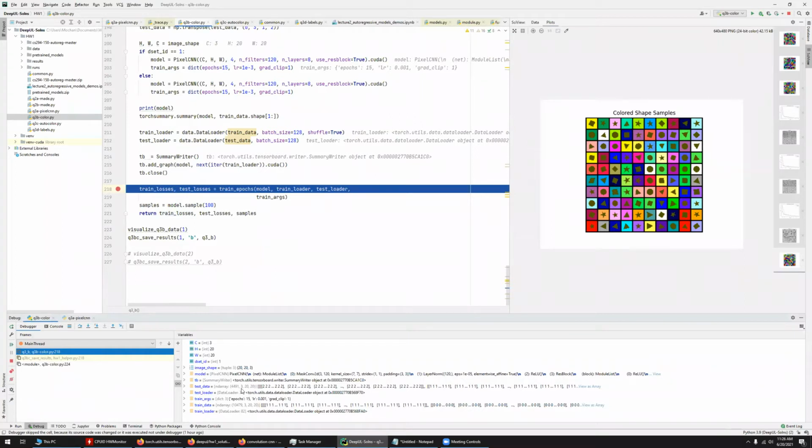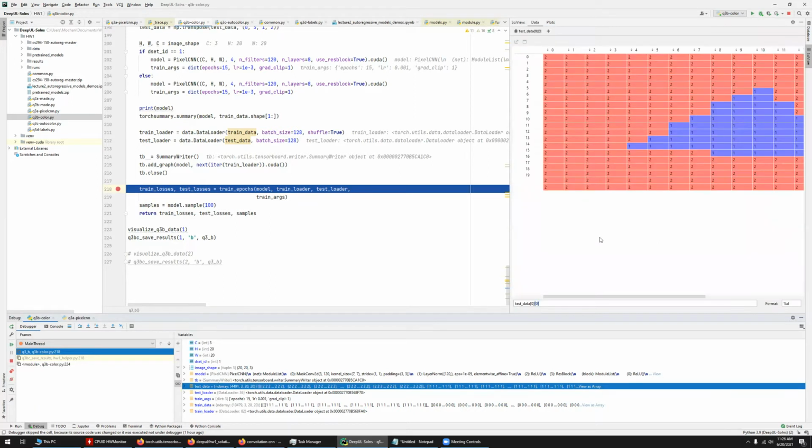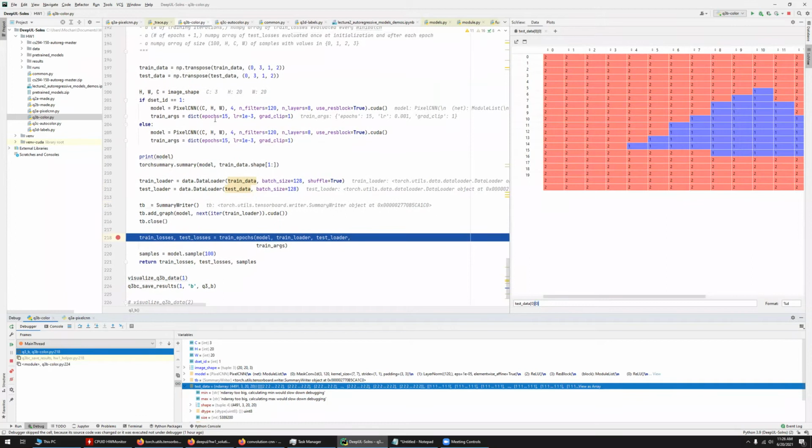It's now 3 by 20 by 20. Before it used to be 1 by 20 by 20, but now we have RGB. And the data is actually just only 4 levels. It should say here how many levels. 4 levels, so 0, 1, 2, 3. And we have 3 by 20 by 20.